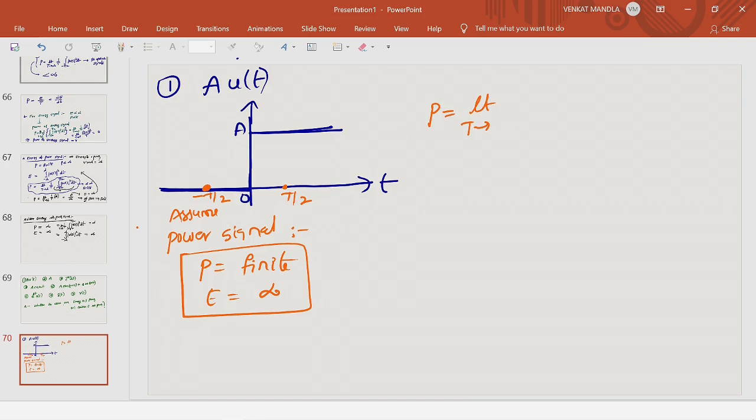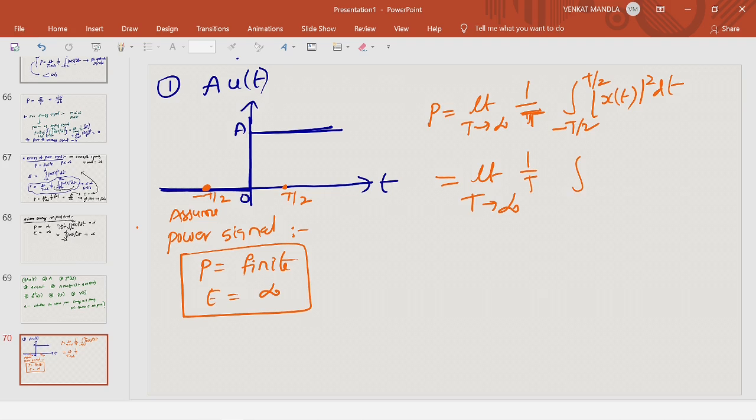So what is the power formula? Limit T tends to infinity, 1 by T integral minus T by 2 to plus T by 2 magnitude of x of t whole square dt. So this is limit T tends to infinity 1 by T, integral of minus T by 2 to 0 we have 0, plus 0 to T by 2 we have a, squaring, a square dt.